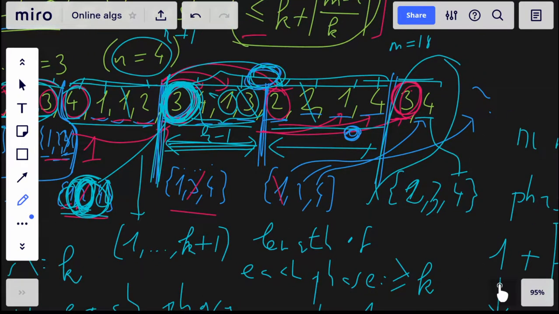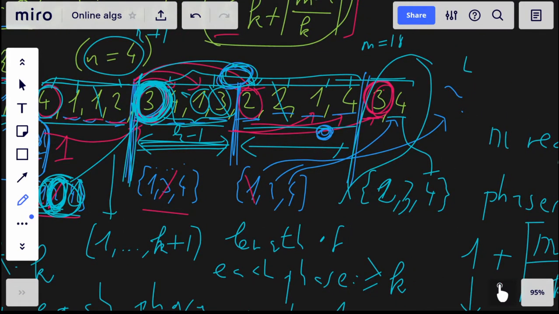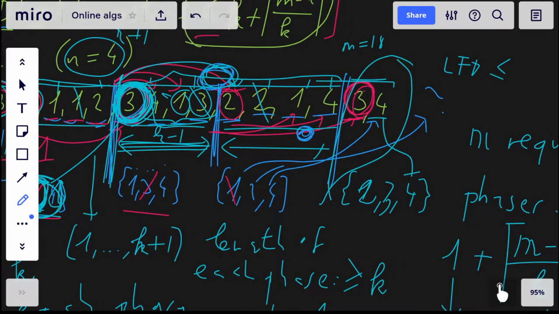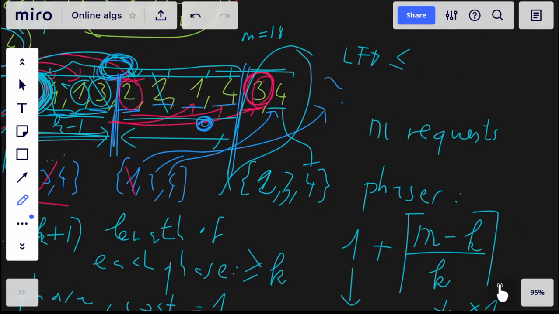The cost of LFD, the algorithm's cost, is at most 3 for the first phase plus 18 minus 3, divided by 3, rounded up, which is 15 over 3, so it's 5, giving 8.